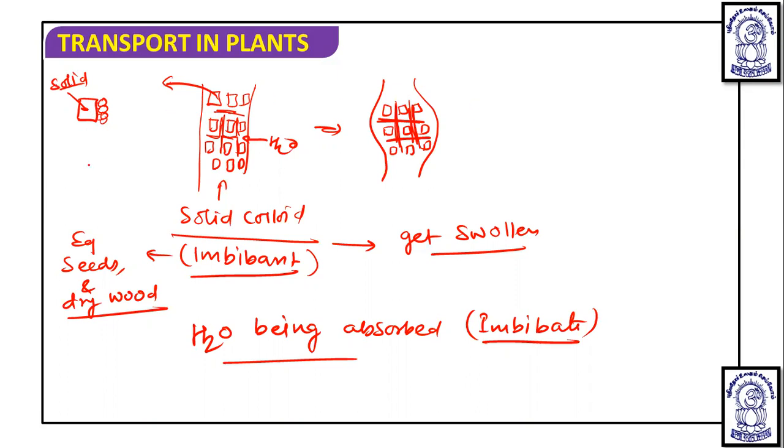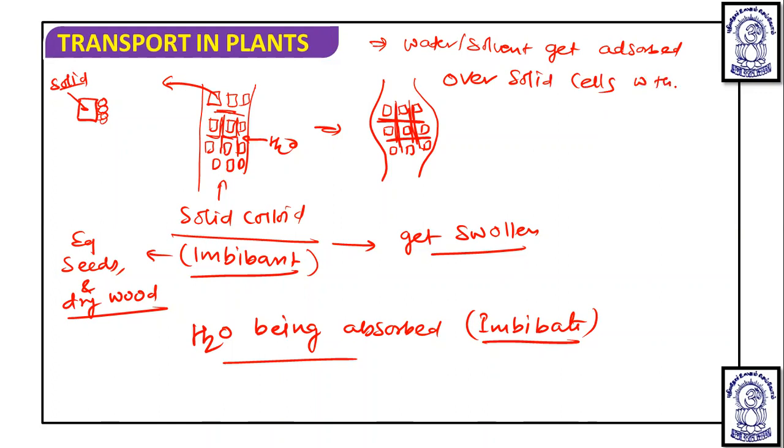So here we should remember that the water or solvent gets adsorbed over solid cells without dissolving them. Okay, so that is the thing that occurs here. Now, when they adhere or adsorb, heat is released. So heat is released during adsorption as well.